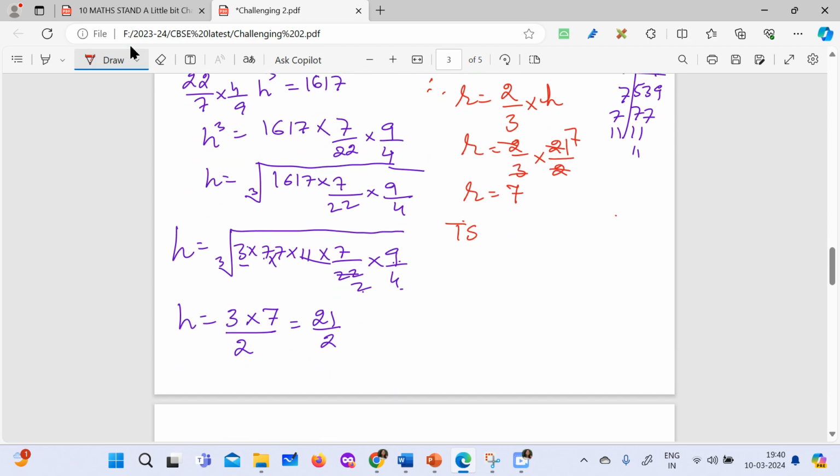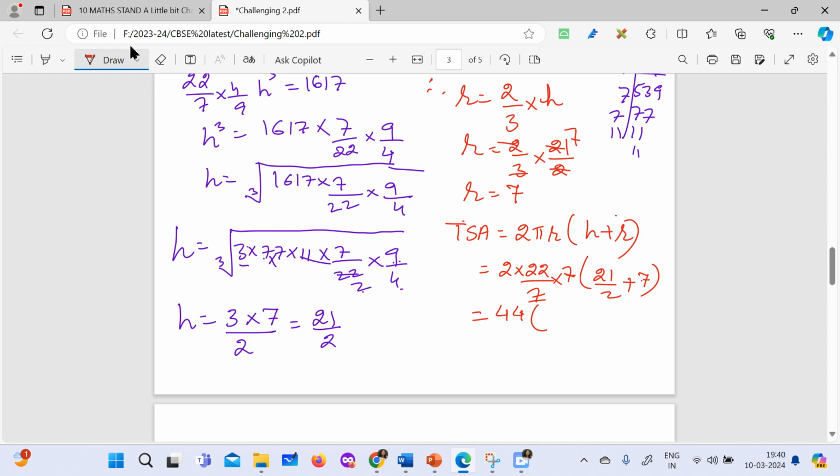So your total surface area is 2 pi r (h plus r). So we will have here 2 times 22 by 7, r is 7, and h is 21 over 2 plus r is 7. Okay, so here 7 7 cancels, and you have here 44, and this one will become 2 times 7 is 14, 14 over 2.